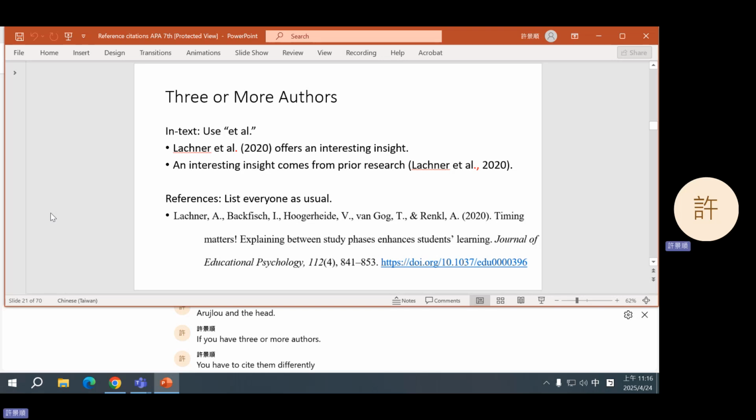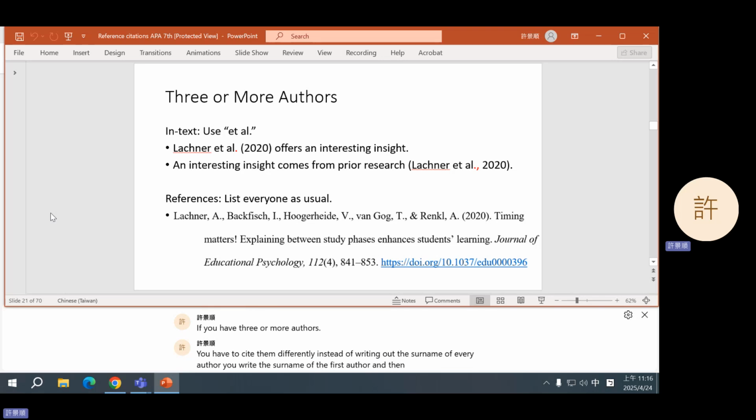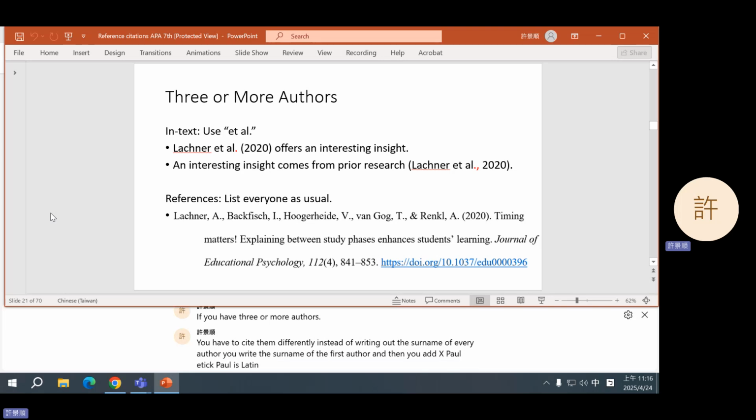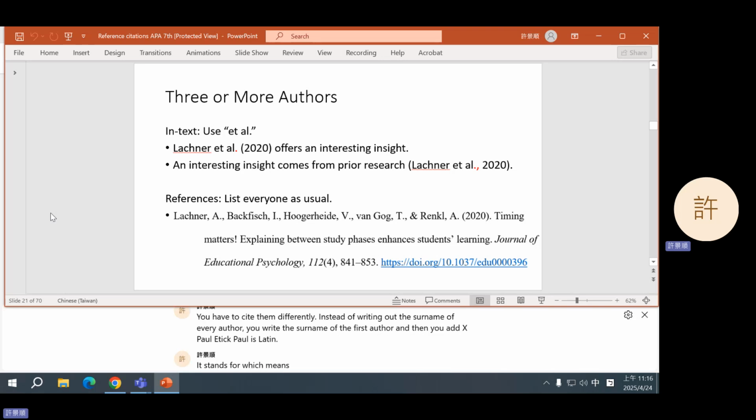Instead of writing out the surname of every author, you write the surname of the first author, and then you add et al. Et al is Latin. It stands for et alia, which means and others. In Chinese, it's 等人. Why do we use Latin?